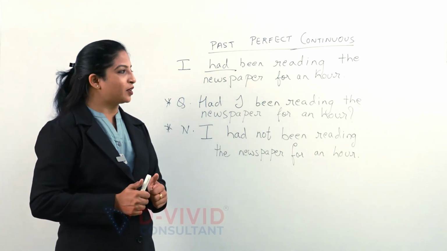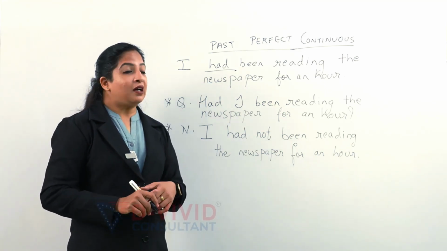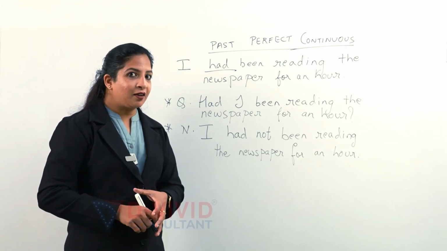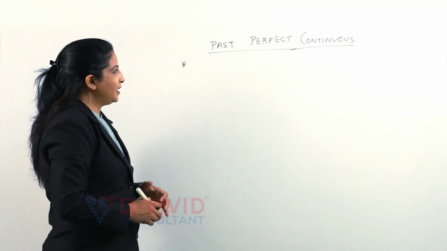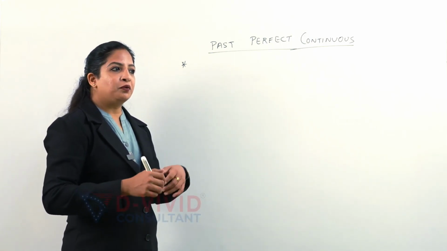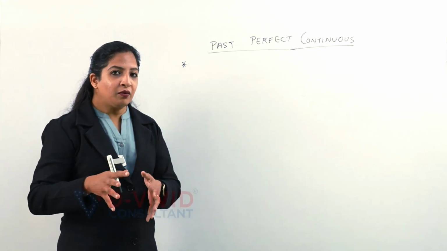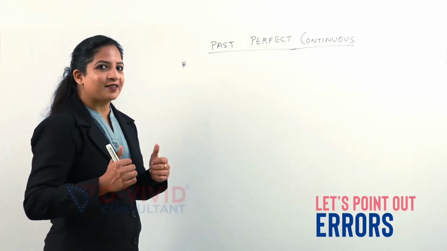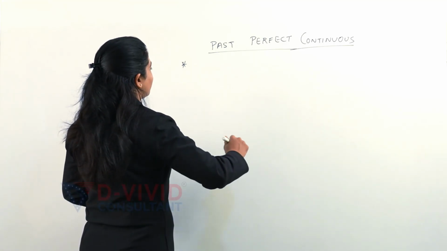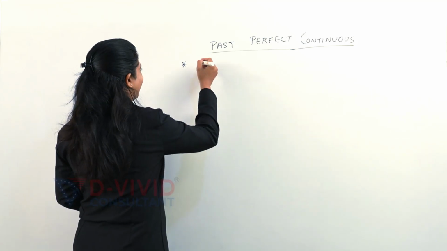I'm pretty sure. Okay, let us see what are the common errors that we make while using the tense. Let me write a few sentences having errors, and you at that side try to point out my errors. So here I go.